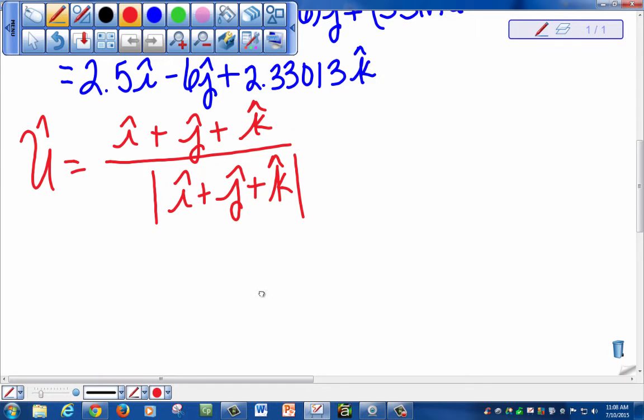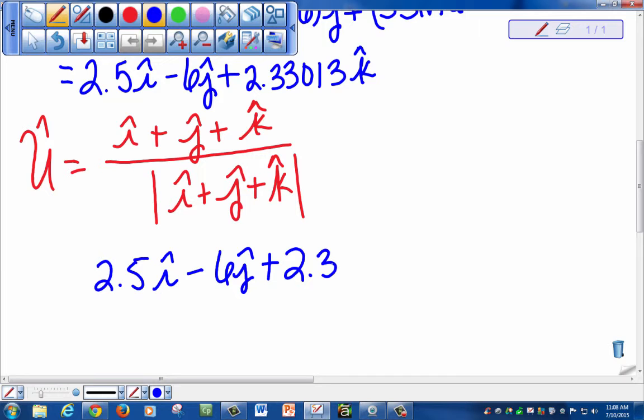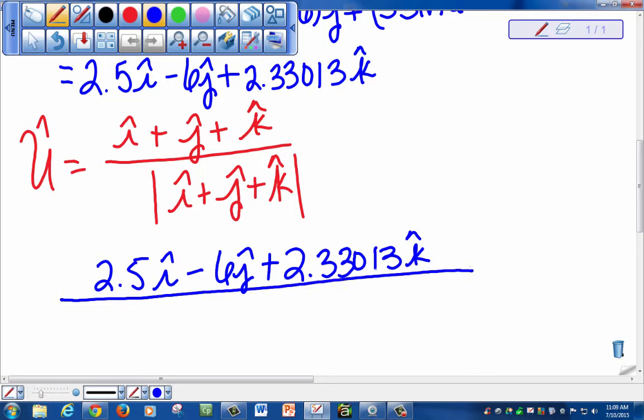Okay? So now that's what we're going to do. I'm going to say 2.5i minus 6j plus 2.33013k, divided by the magnitude.